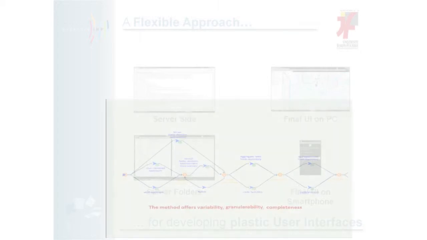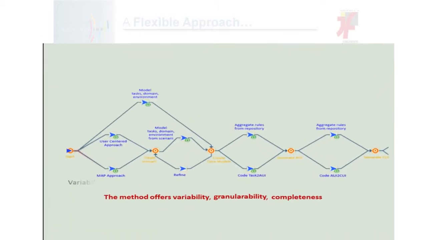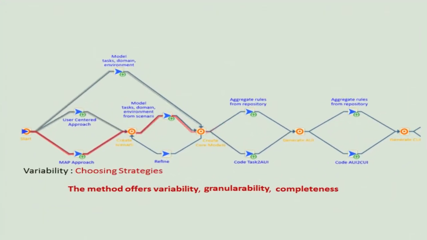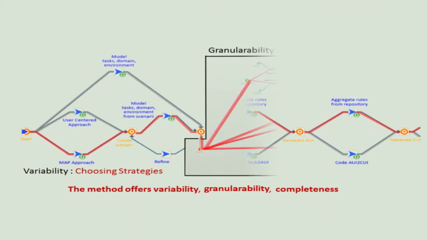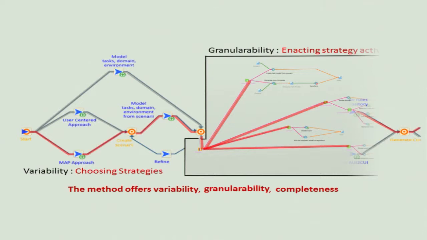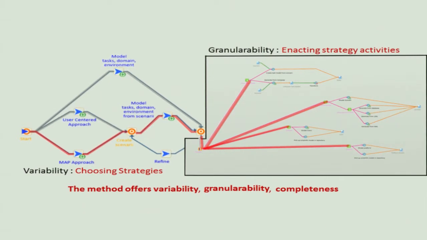In our case, they have chosen several methodological variants. First, instead of creating a task model, they have enacted an alternative activity proposed by the method. They have made benefit of a tool developed in our team, which name is Compose, that generates the task model.